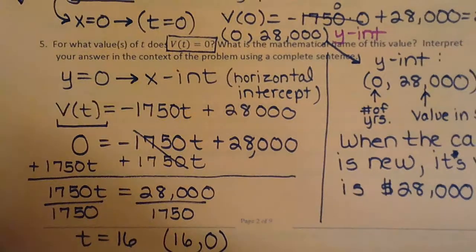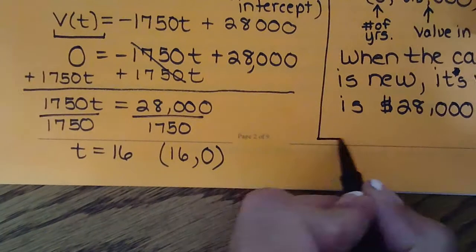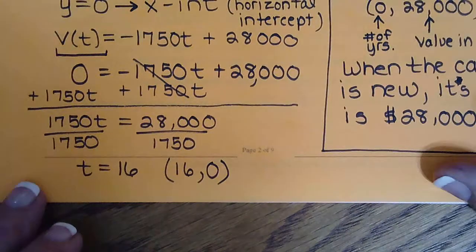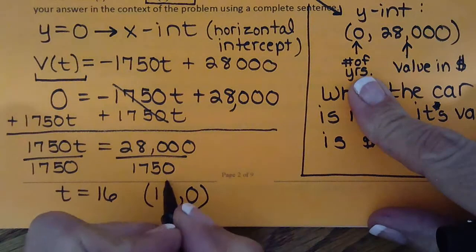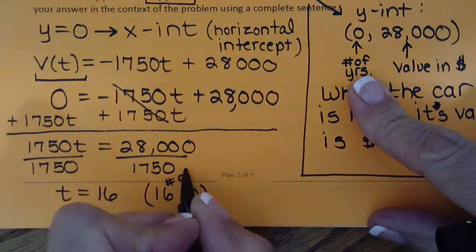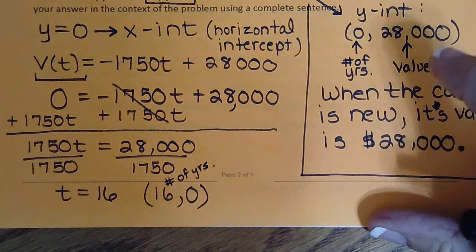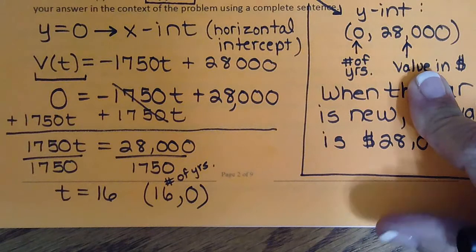So now we need to write about that one. So let's box this here so it doesn't get mixed up. So I would do the same thing we did here, write number of years here. Anytime I'm asked to write about a point, that's the first thing I do: label what x is, label what y is, and then the sentence just falls in your lap.